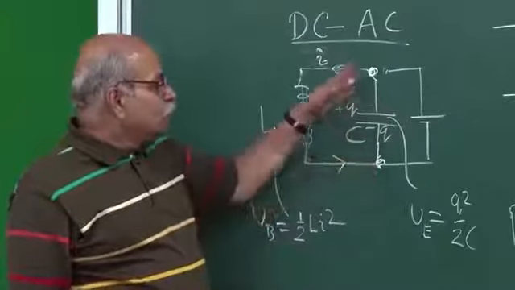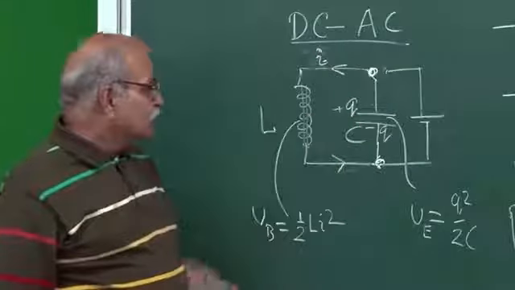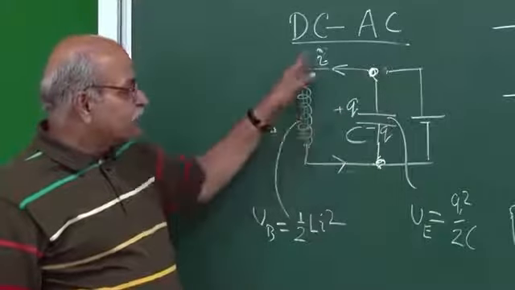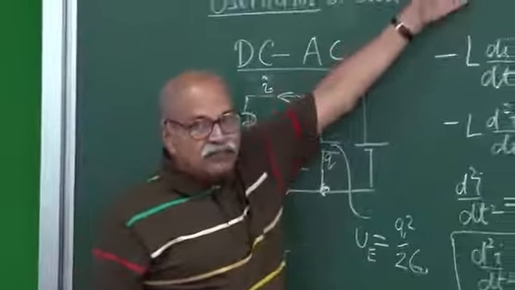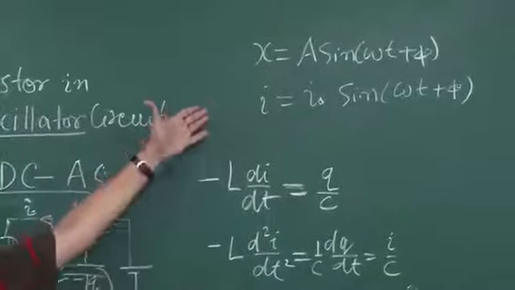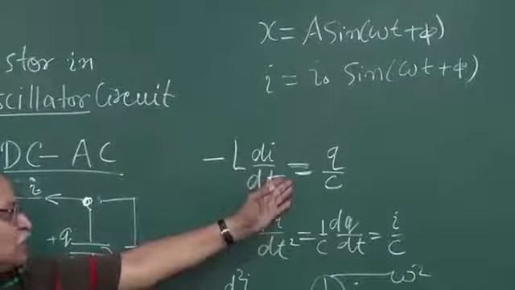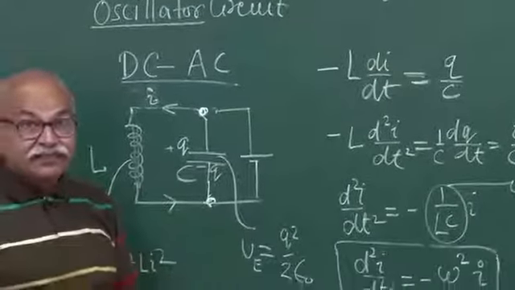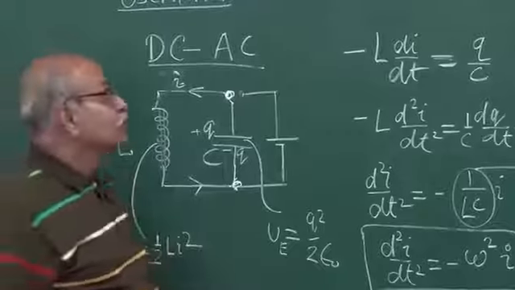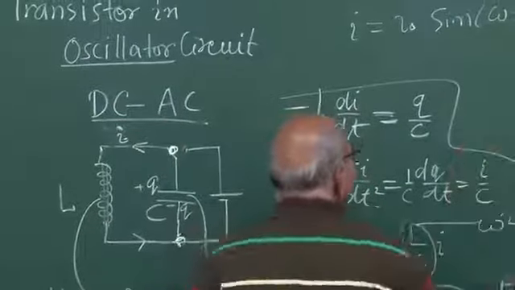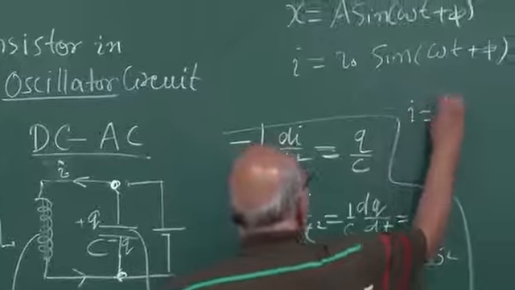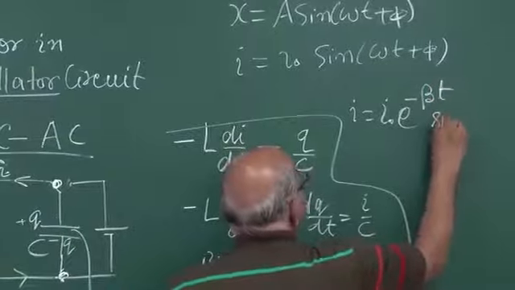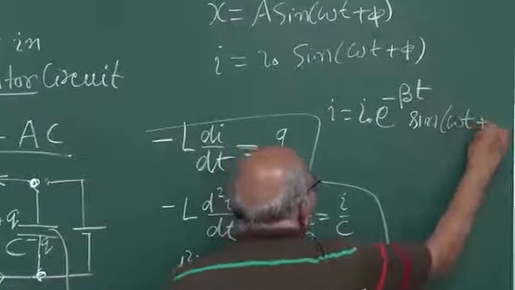And even if you don't use it for an external purpose, internally it does have some resistance, and then this equation is not going to work, because you have another term, resistance times I, in the equation, and power is dissipated there. So if you have resistance, the current is going to be some e^(-βt) times sine of ωt plus φ.